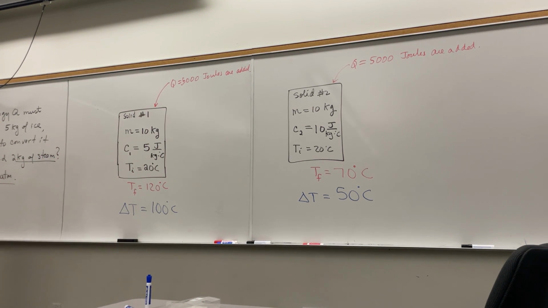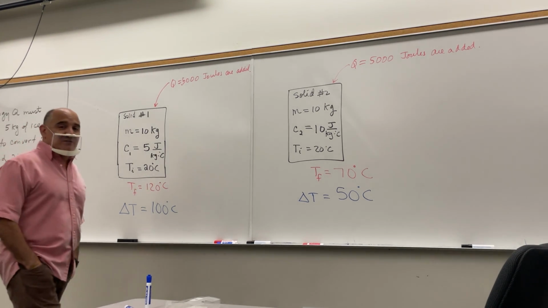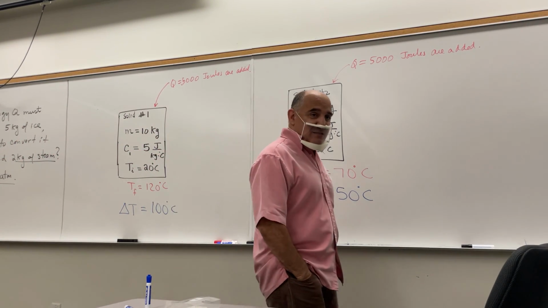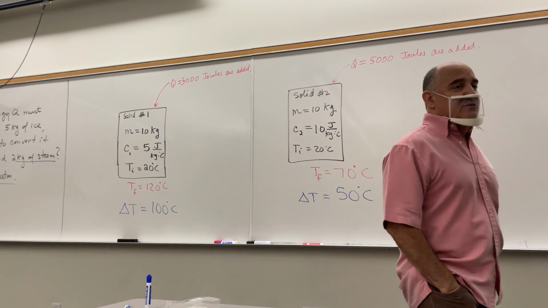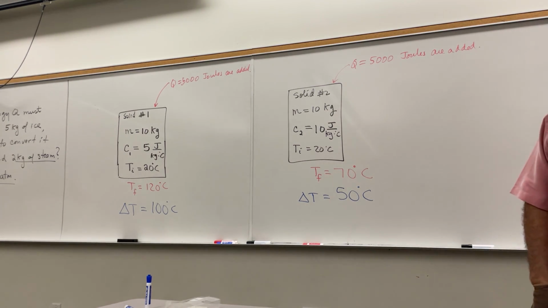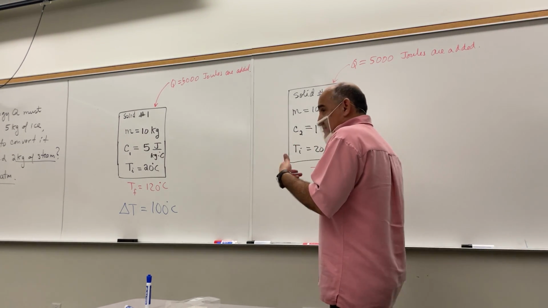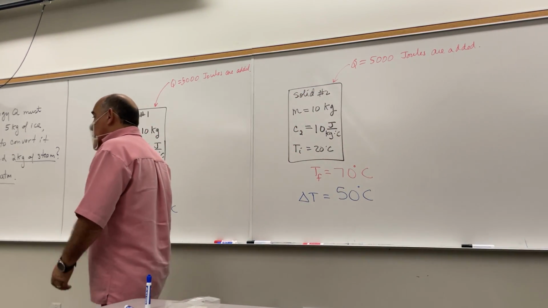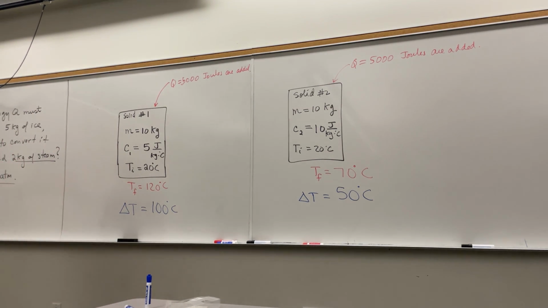So what do you notice? There's something to be noticed here. Same mass, same initial temperature, different type of material, therefore different specific heat capacity values. They both receive the same amount of energy. The one with the higher value of C has the lower temperature change.